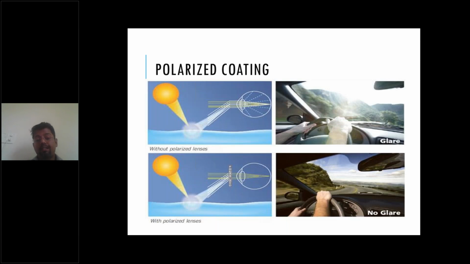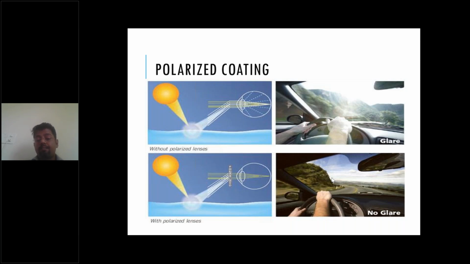And another coating that is already available is a polarized coating. As you can see in the picture, in the first picture there are no polarized lenses, but in the second picture, when there are polarized lenses, the reflection is very much reduced. The only disadvantage is that polarized lenses are available only in tinted glasses.